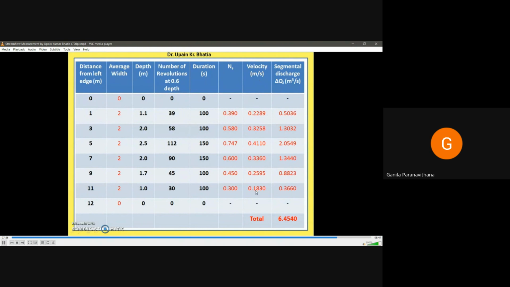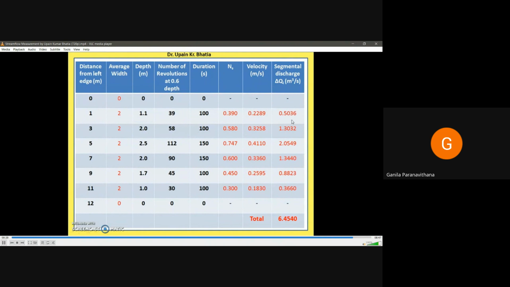So all these values of velocities are worked out, and velocity when multiplied by the area of cross section, which is equal to average width multiplied by the depth, gives the segmental discharge. So the second column, the third column, and this velocity column, if they are multiplied together, we get the segmental discharge delta Qi.